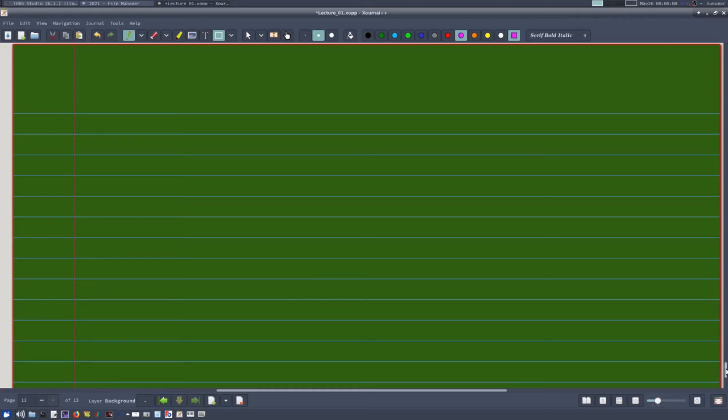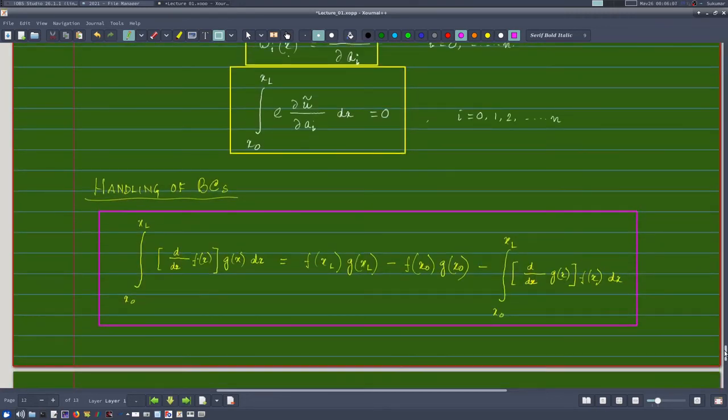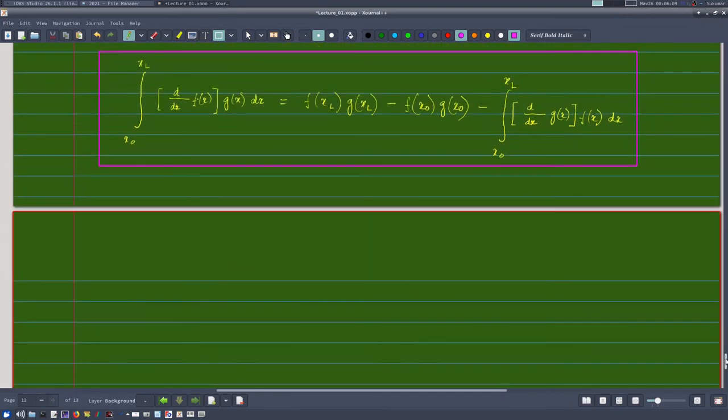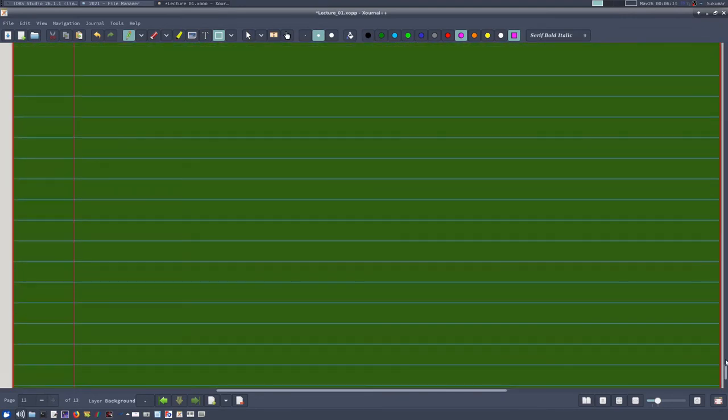So if I apply this weighted residual method to our problem, then what will I have?